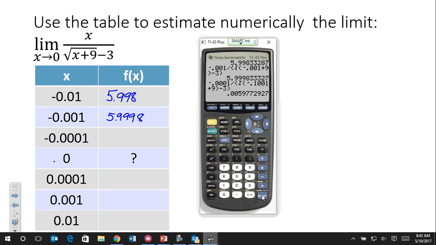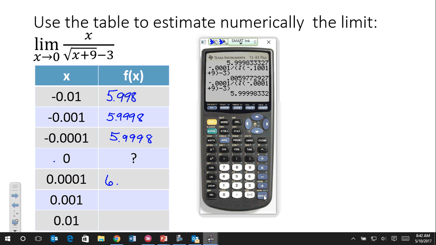And we get something that messed up because I hit another button. 0.00. 5.9998. You see what we're approaching? 6. So this is probably 6 point something something something, right?